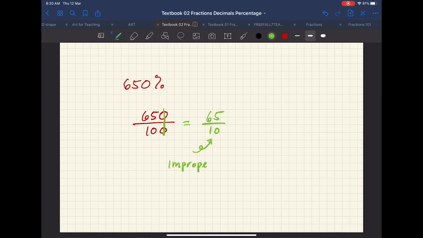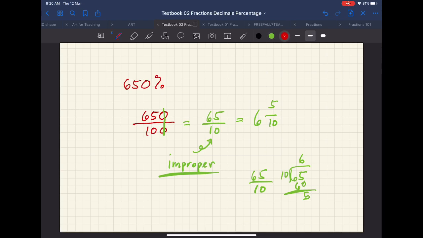Improper. Okay, so what do? 65/10 gives you 65 divided by 10, 60, okay, 5. So this as a fraction is 6 and 5/10.